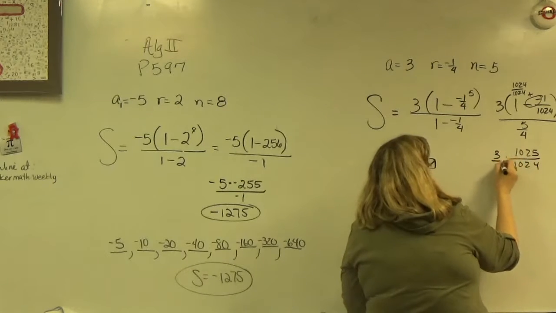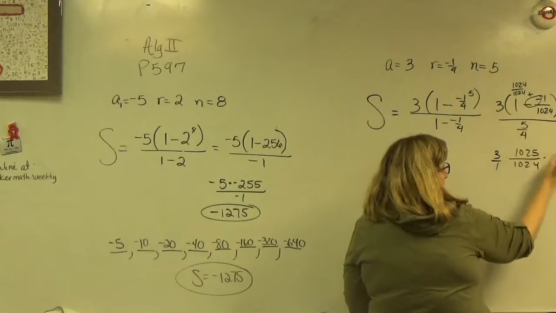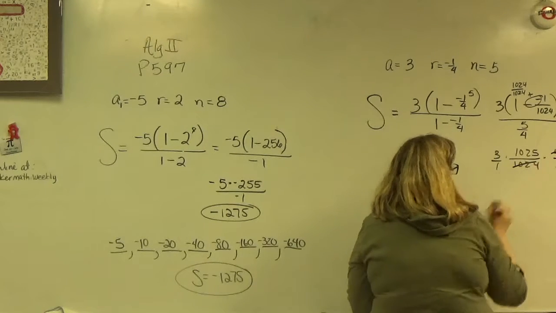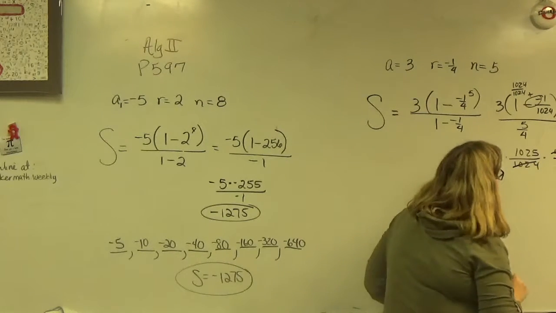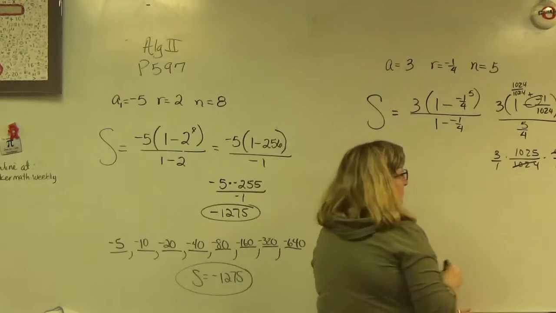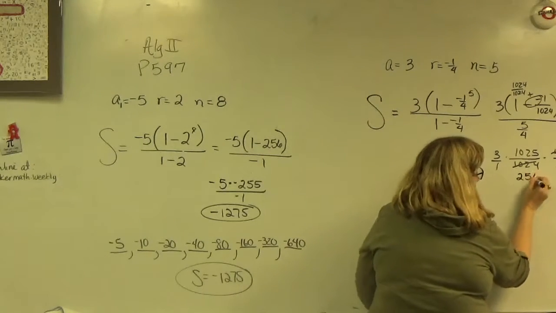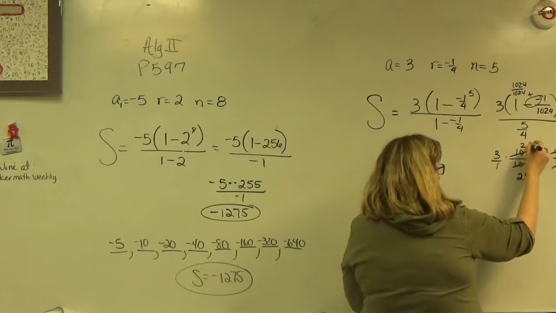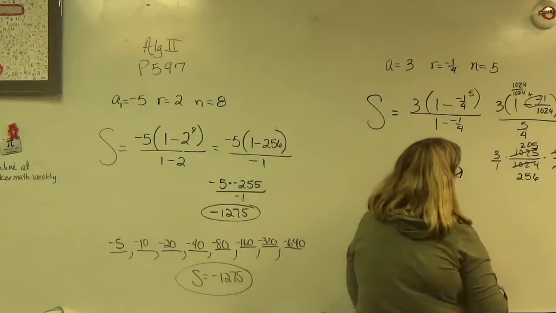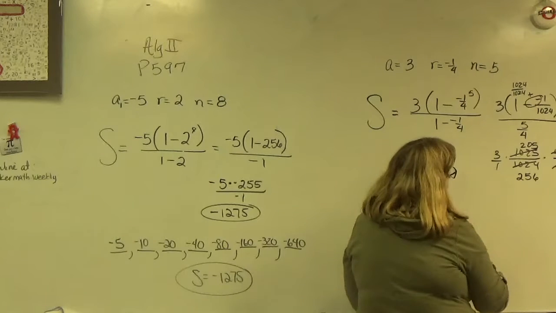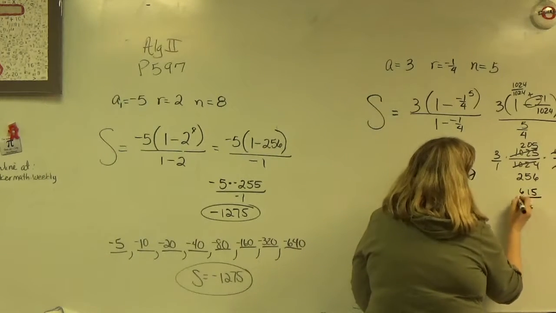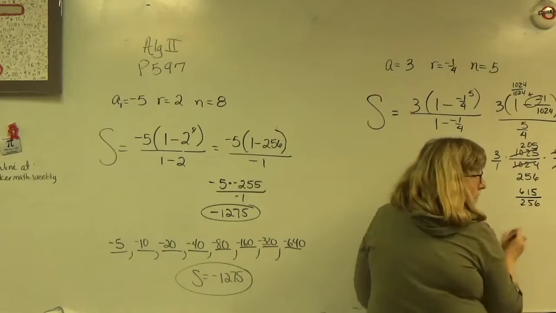And it's times 3, and then it'll be times the reciprocal of 5/4. 4 cancels 1024 to what? 256. 5 cancels 1025 to 205. So 3 times that would be 615 over 256.